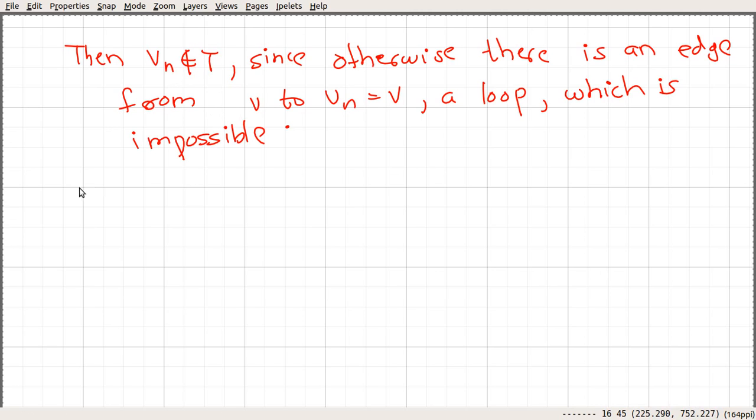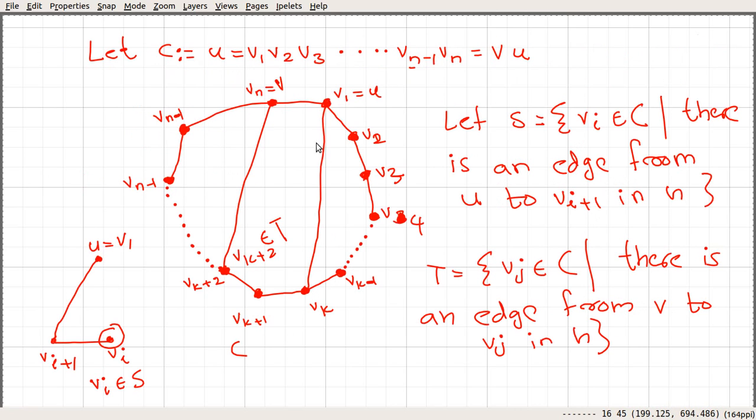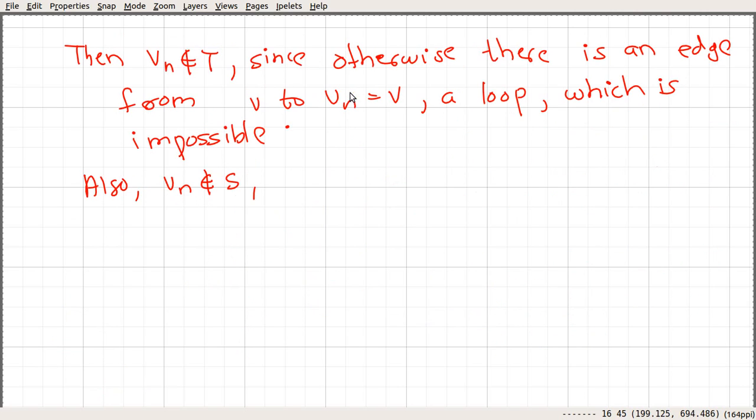And also we can see that this Vn is also not an element of S. So if you look into this particular thing, if Vn belongs to S, we can choose Vn plus 1 to be equal to V1, right? Let's see what is going to happen.